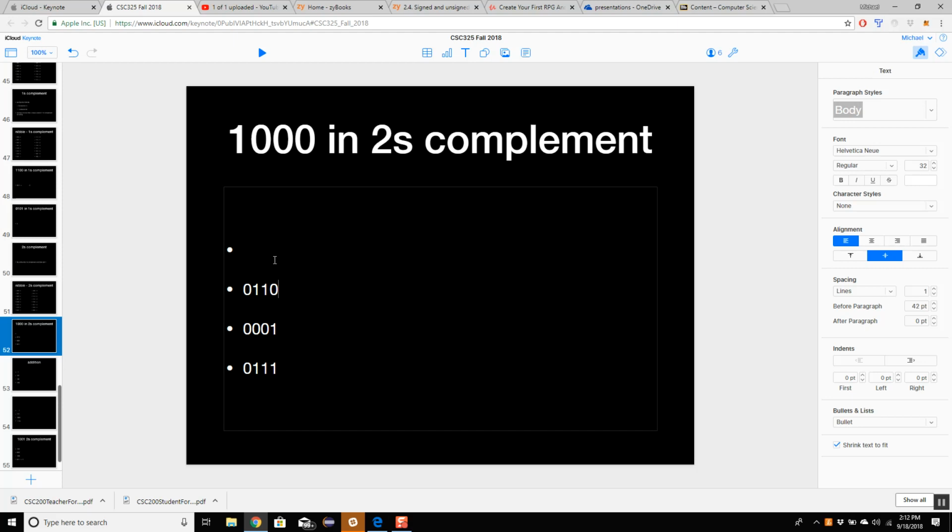We get our extra 1, which is a single 2. 0 minus a 1 is a 1. And then we just do the rest of the math. 1 minus 0 is 1. 1 minus 0 is 1. 0 minus 0 is 0. So we're left with 0, 1, 1, 1.